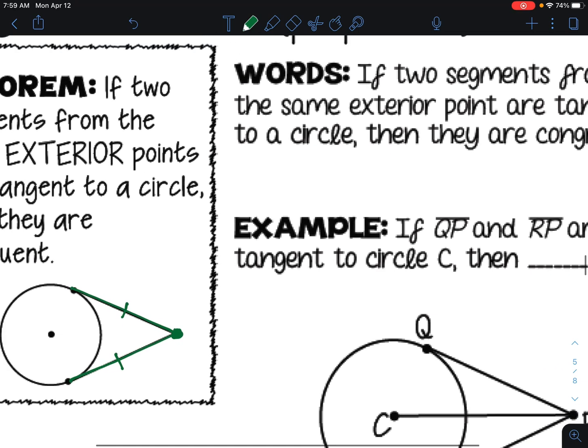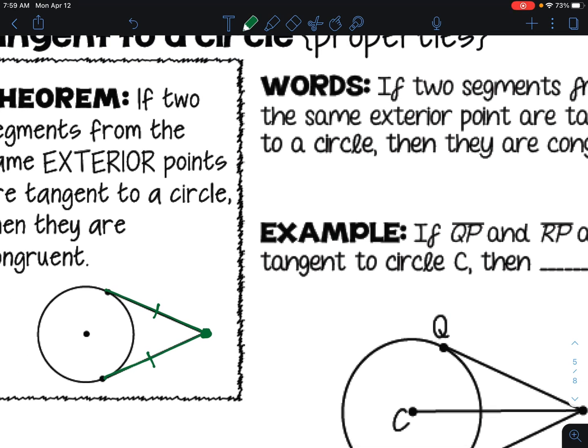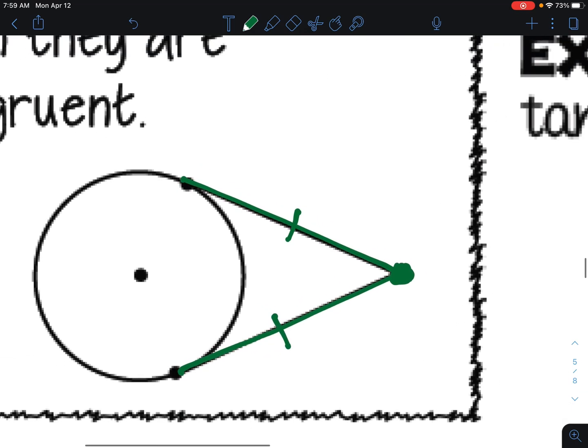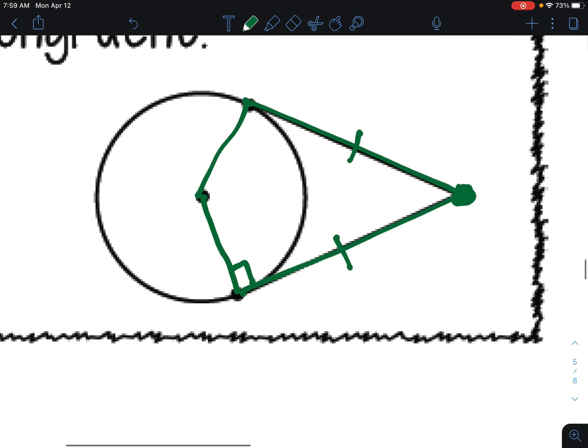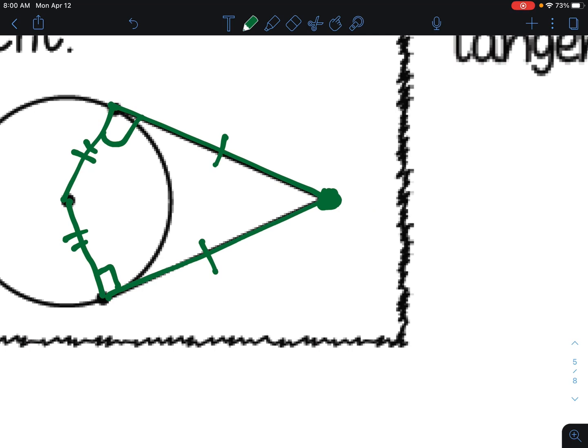All right, and if those two segments are tangent, that forms this little picture, right? This is drawn in there. That's 90 degrees. This is drawn in there. That's 90 degrees. Oh, and our radii are the same. So really what we just drew is a kite. Weird looking kite, but it's a kite. Okay?